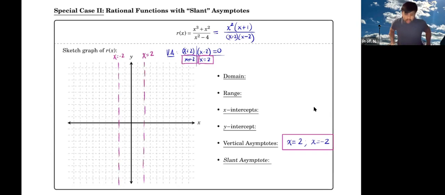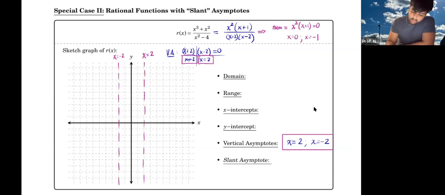The x-intercepts are when the numerator equals 0. When does it equal 0? Well, it equals 0 when x equals 0 or when x equals -1. That's when we cross the x-axis.